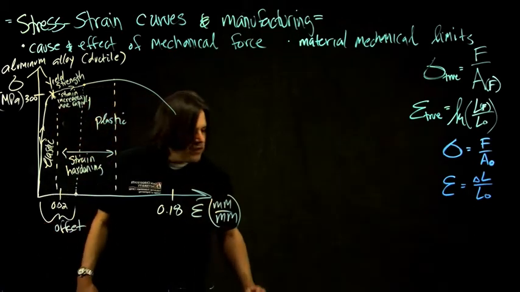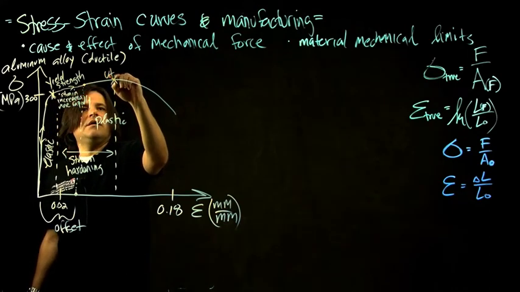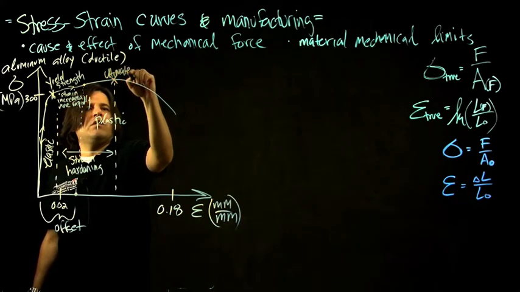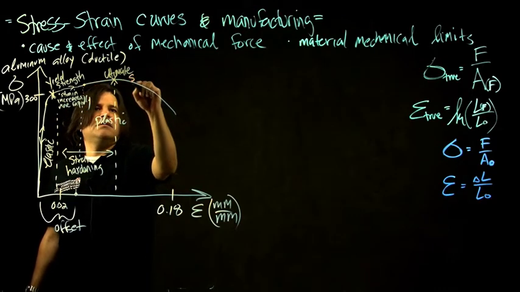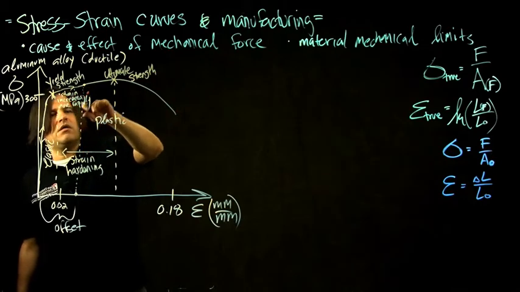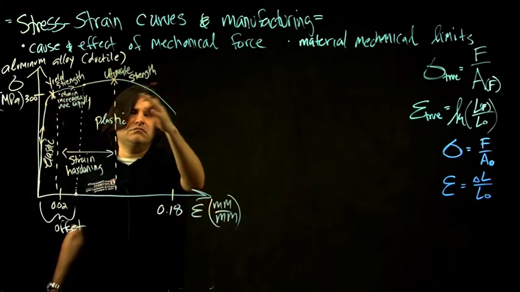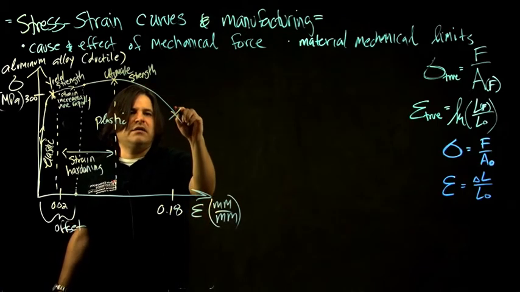And then if we go farther here, the ultimate strength is where this peak happens. It still won't take that much force to give it some elongation, and it's going to start acting weird until it finally has failure.